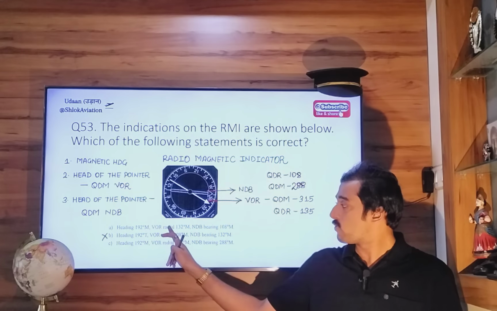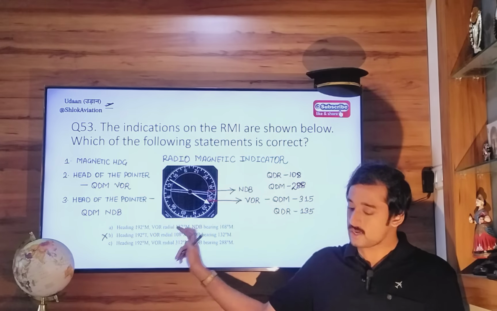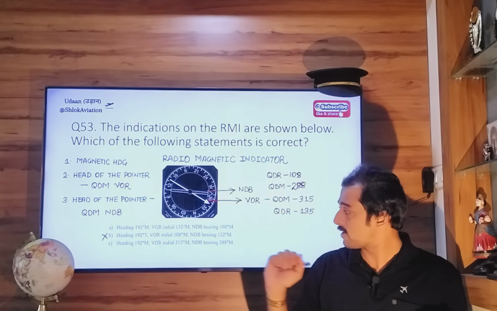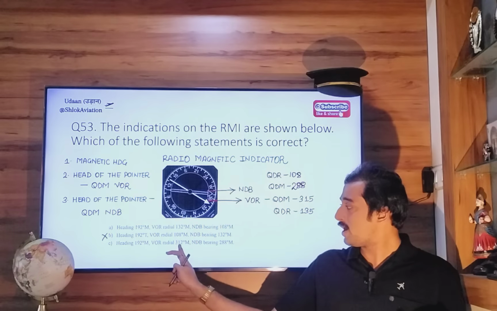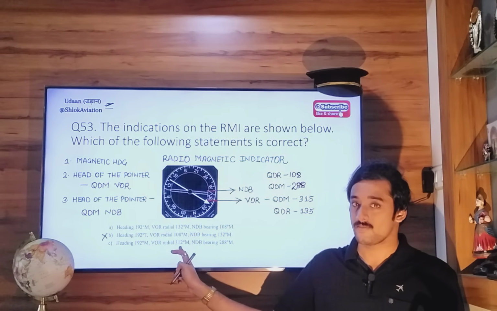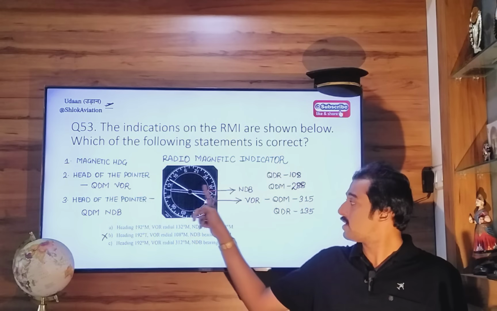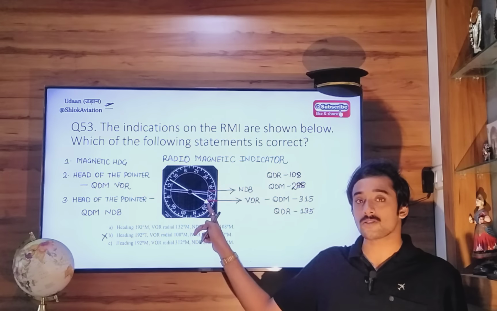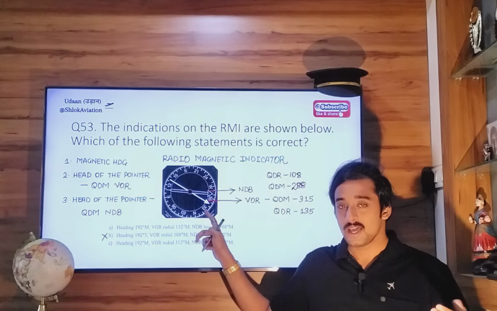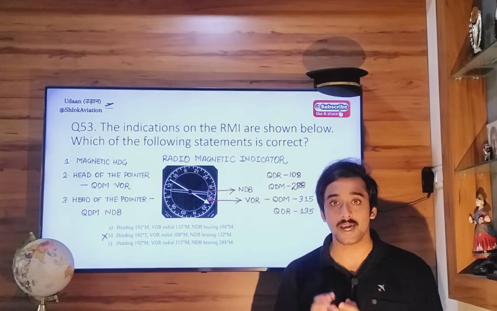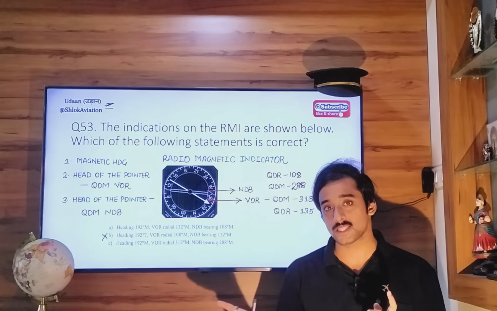Now let's check the options. Option A, VOR radial 132 magnetic. We wrote 135, so 132 and 135 are nearby. Over here, VOR radial 312 magnetic. That is wrong. The 312 or 315 that we have written here is the head of this pointer, the top of this needle, and the top of this needle or pointer will point towards the station, the track you must fly to go to the station.